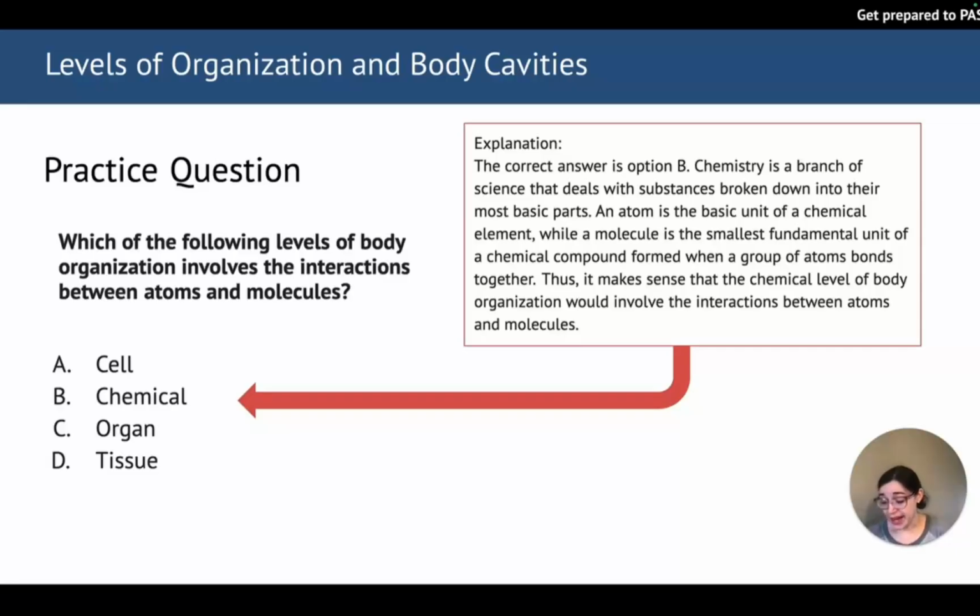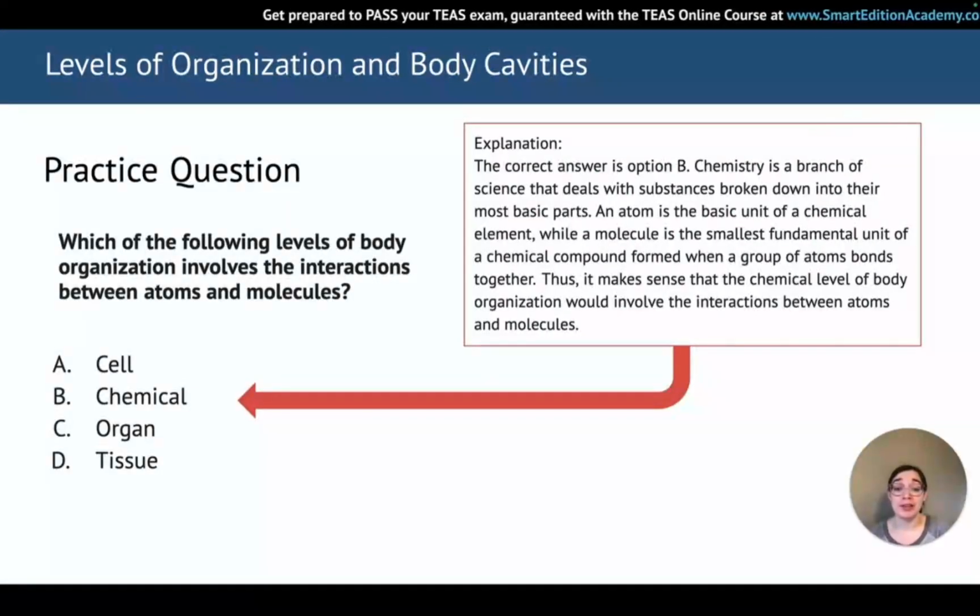We can also define a chemical as a compound or substance with a defined composition that is made up of these atoms and molecules. And so this is, again, the smallest level of body organization. And based on the definition of those terms, it makes sense that this smallest level would be called the chemical level and that it would involve the interactions between or among atoms and molecules.